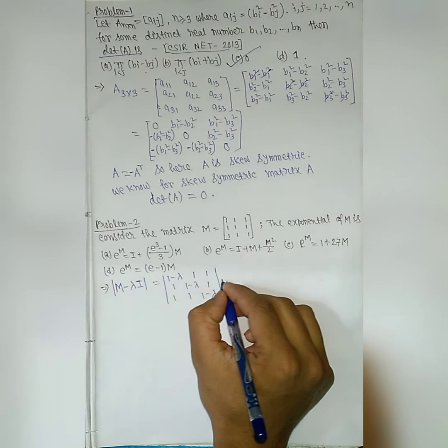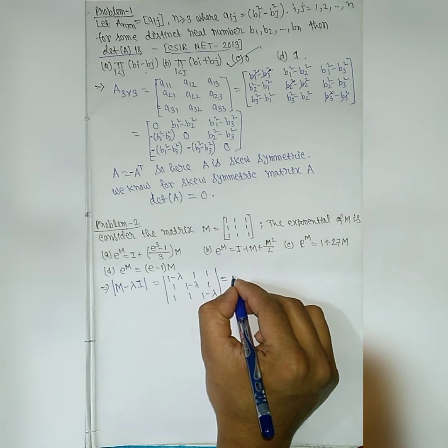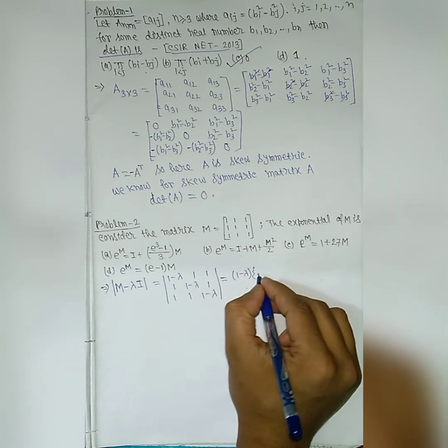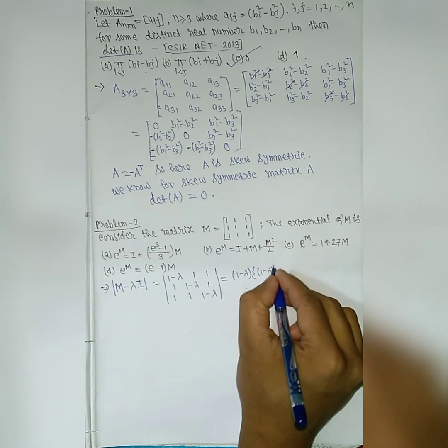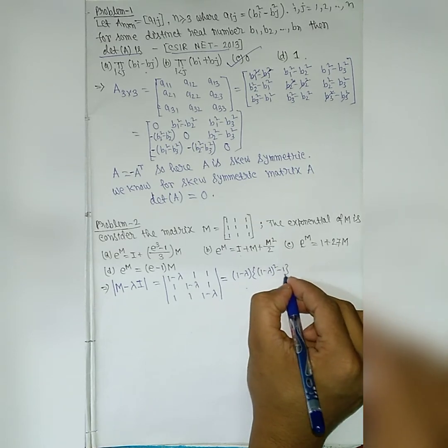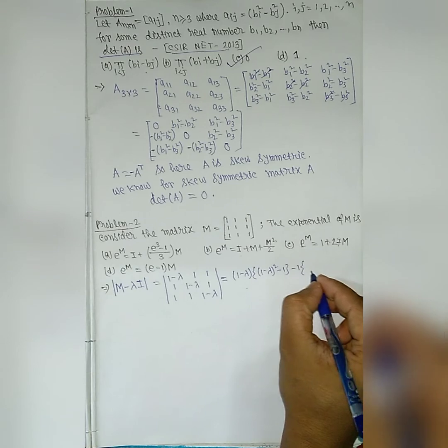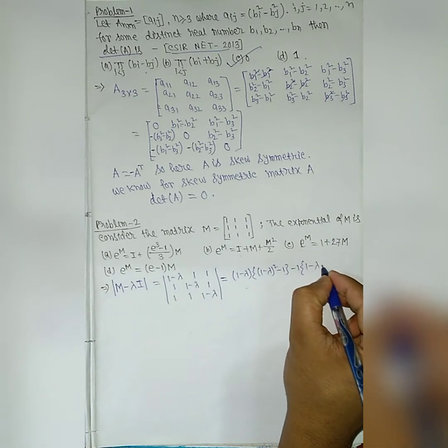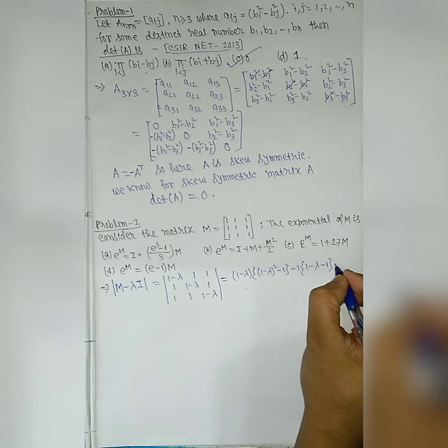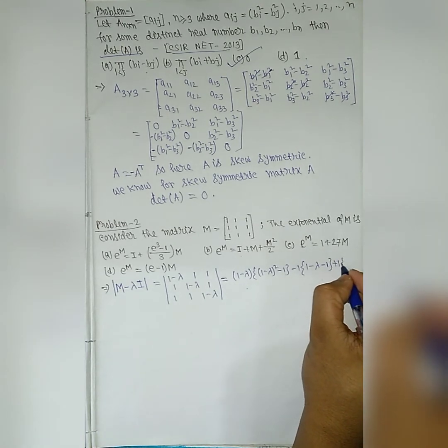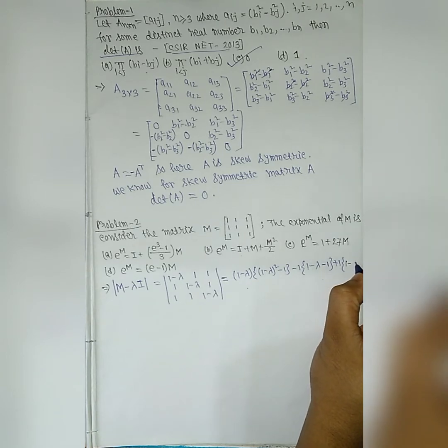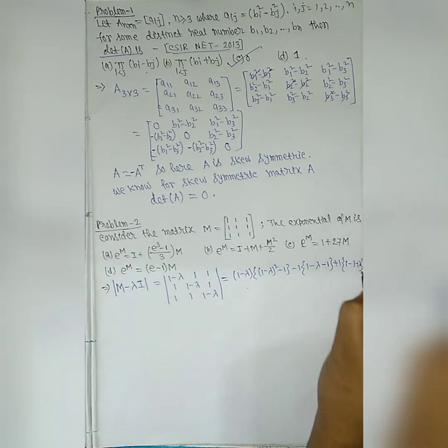So if we solve this determinant, this comes as (1 minus lambda) times ((1 minus lambda) square minus 1), minus 1 into (1 minus lambda minus 1), plus 1 into (1 minus 1 plus lambda).